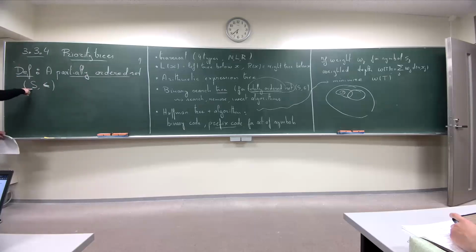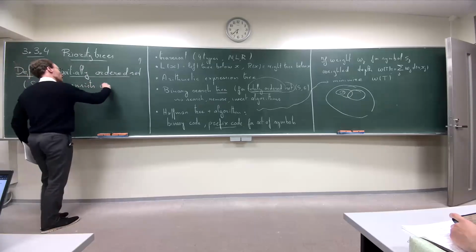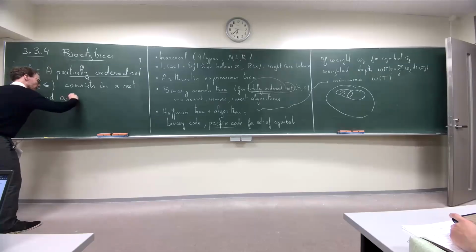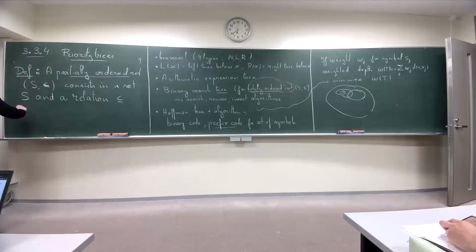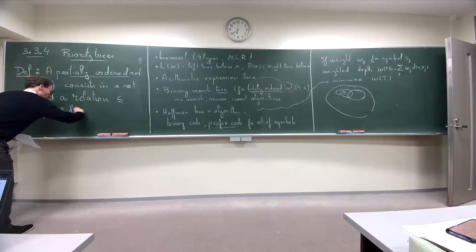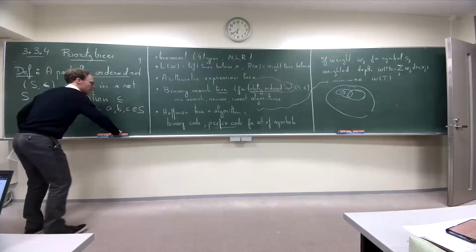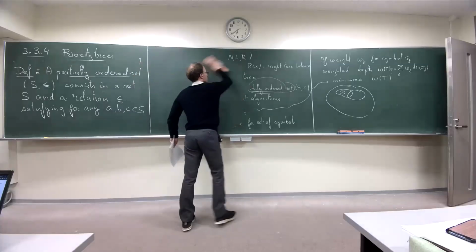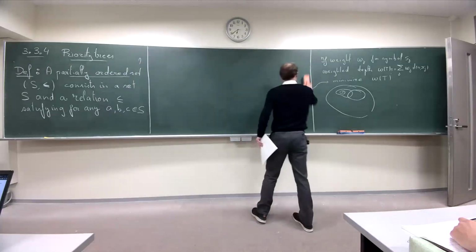So a partially ordered set like this consists in a set S and a relation which I denote by this sign, satisfying, for any A, B, C in S, so for any elements of S, they satisfy again three conditions, like for totally ordered set, but these conditions are slightly different.